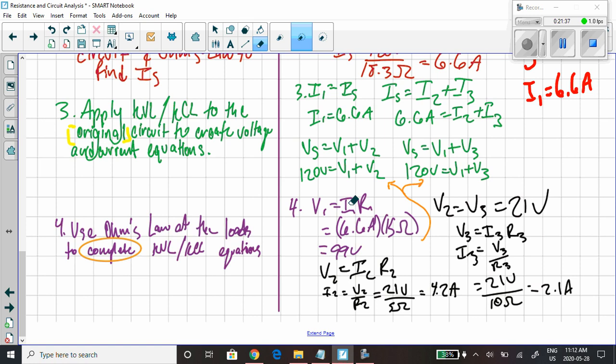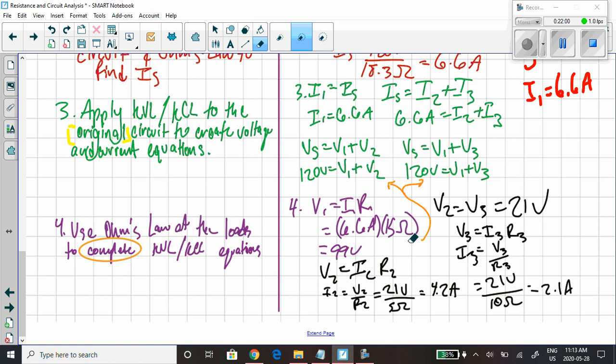Yes, it's 6.6 amps. Do I know the resistance there? Yes, it's 15 ohms. So I use Ohm's law. V1 is equal to I1 times R1. And I get that the first voltage is 99 volts. All right, that's the first thing we do.